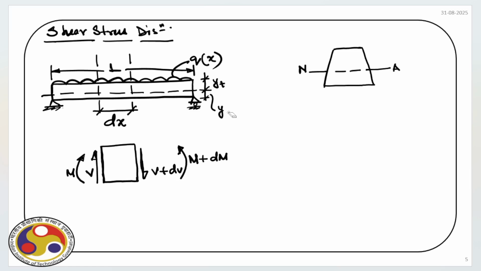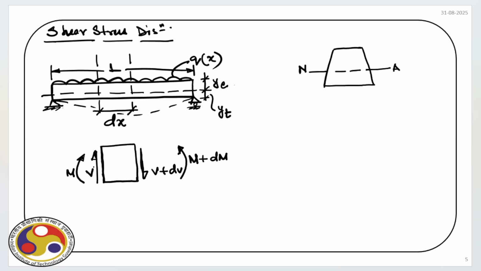Sorry, there is a small typo here actually because the beam is under sagging. So obviously it will bend like this. So this will be tension and the section above the neutral axis will be in compression, right?